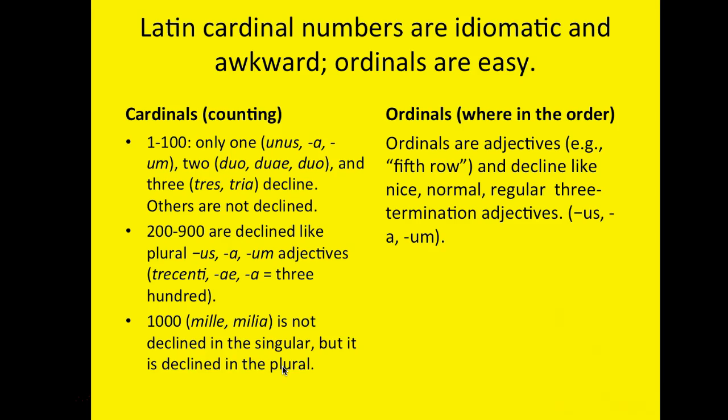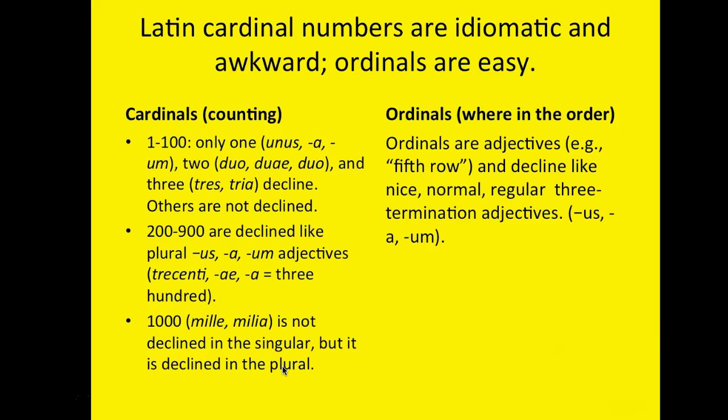Duo, duae, duo borrows a bit from different declensions in order to finish things out. I'll let you look at how that's done there, but pay attention to it. And then 3 is a 3rd declension adjective, tres, tria, kind of an i-stem, as a matter of fact.